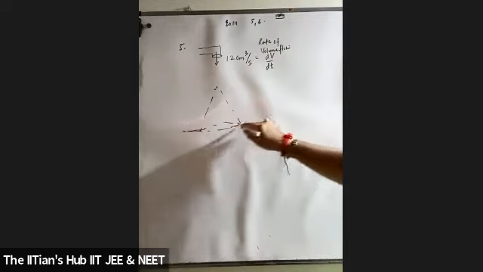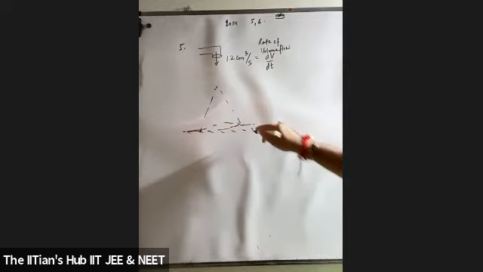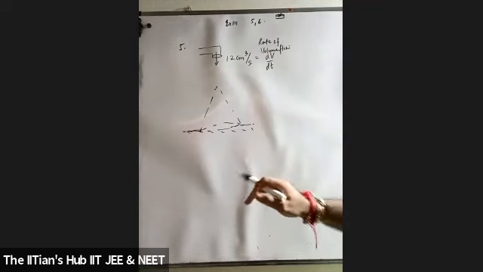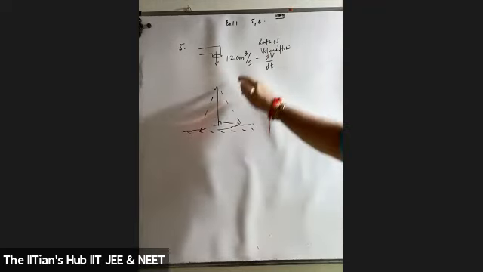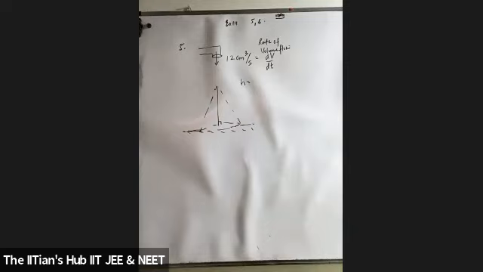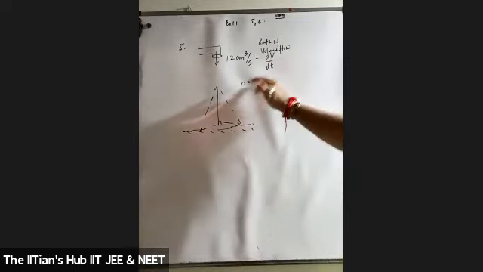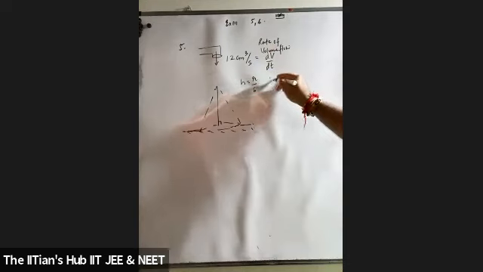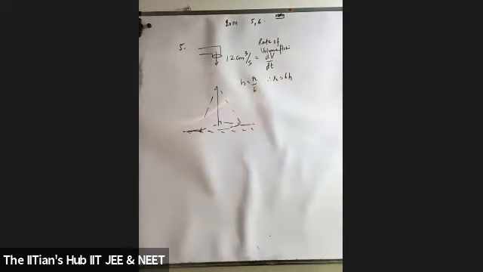And it forms a cone on the ground in such a way that the height of the cone is always 1/6 the radius. The height of the cone will always be r by 6. If h is equal to r by 6, students, therefore r is equal to 6 times h. And this will always be maintained.